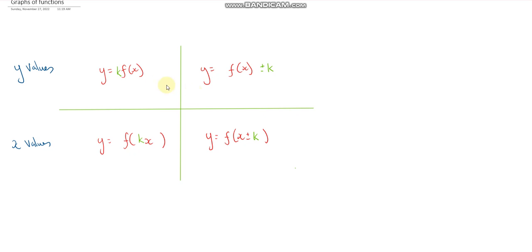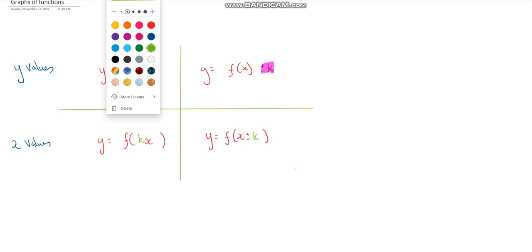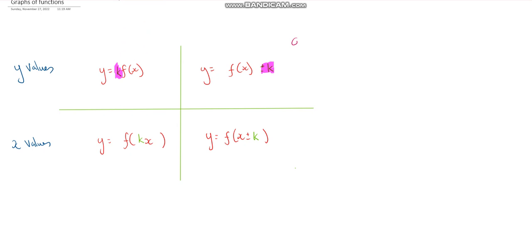So first of all, that's the most important thing to think about. The k on the outside of the bracket affects the y's. Let me just highlight that. So k is outside the bracket, affecting the y.